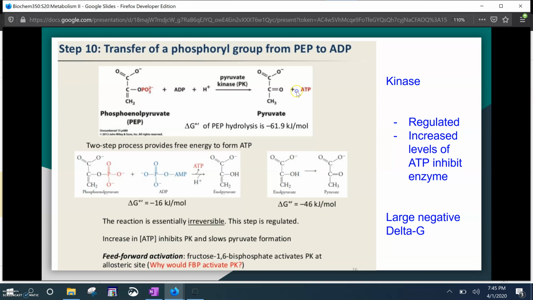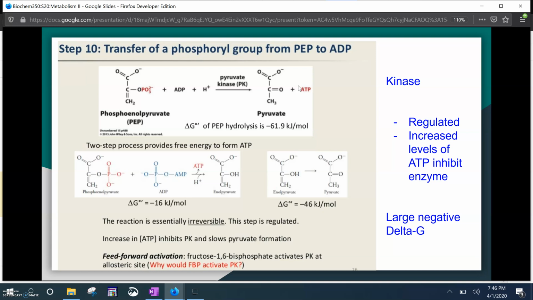If there already is a lot of ATP and you don't need to make more of it, then ATP will be an inhibitor of this pyruvate kinase enzyme. And you can see here the delta G is huge. It's minus 61.9 kilojoules. There's a lot of energy released by removing this phosphate group. It is a 2-step process, but overall it is large negative, so it's a spontaneously forward-moving reaction. And it is essentially non-reversible.